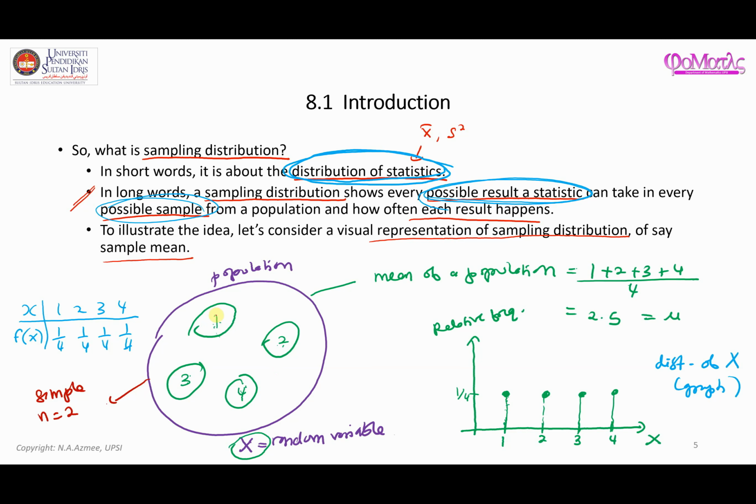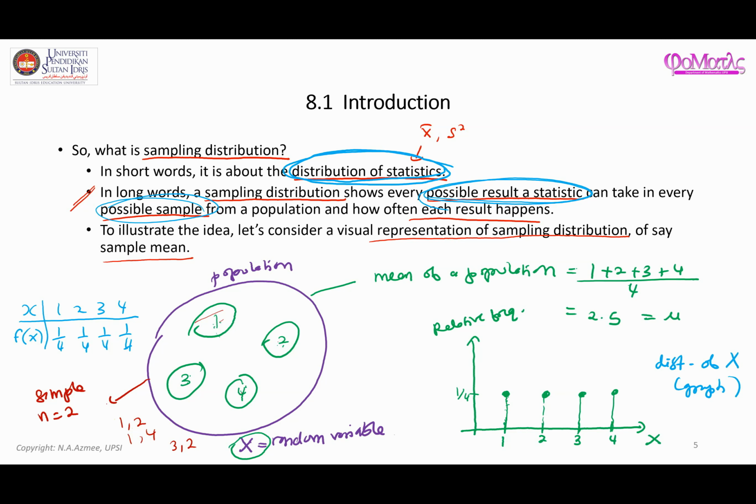So let's say you get 1 the first time, and then you will replace it back into the population. Well, the second time you draw an element, you might get either 1, 2, 3, or 4. So possible samples could be 1 and 2, or 1 and 4, or 3 and 2.